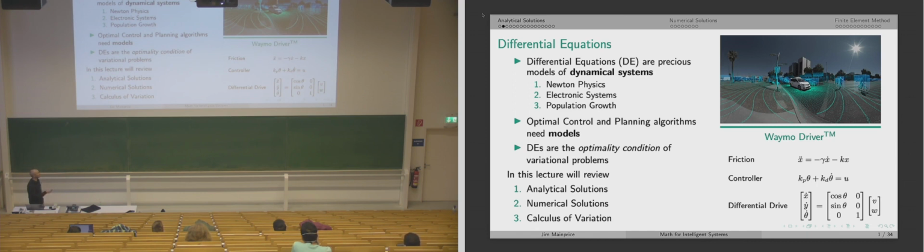The differential drive is the typical model that we use when we have a 2-wheeled robot that's being actuated by the velocity of the wheels. You can rotate by applying different velocities on each wheel, or you can go straight if you apply the same velocities, or go backward if you apply the reverse velocity.